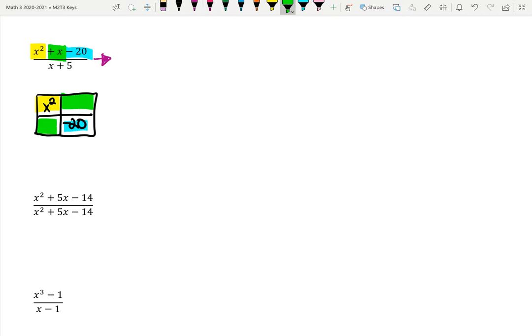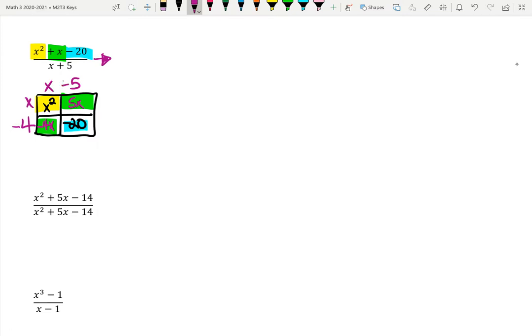I think of my factors of 20, and I see 5 and 4. I want it to be positive upon combining, so I'm going to make the 4 negative. That way, 5x minus 4x gives me x. Yep, that's my factored form.